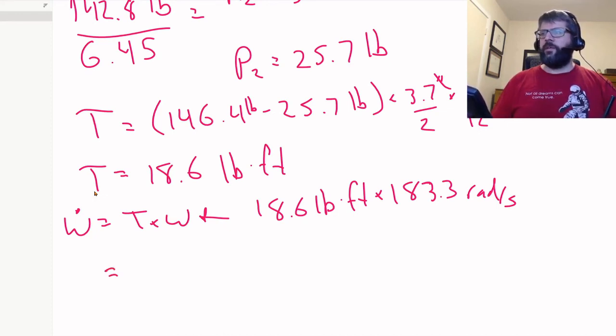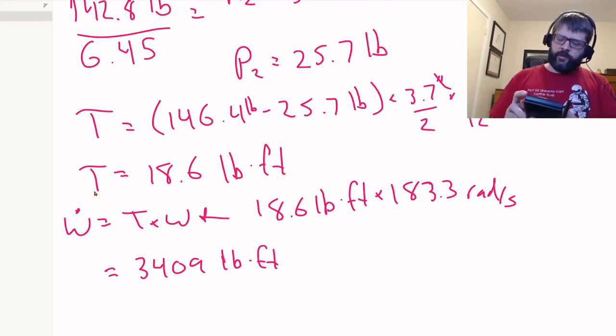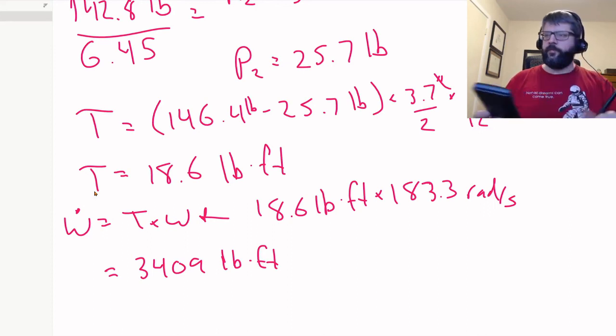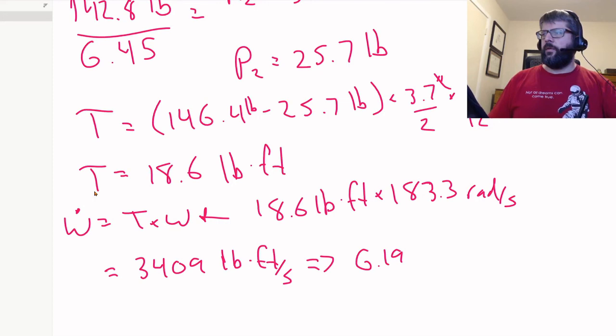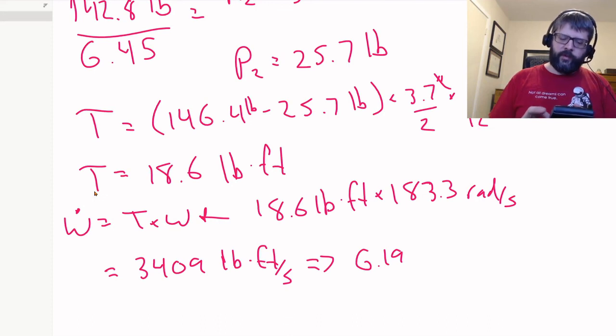That's given us 3,409 pound-feet per second. And you'll recall that 1 horsepower is 550 pound-feet per second. So that is 6.199 horsepower. We're trying to transmit 25 horsepower with that, so 25 divided by that.